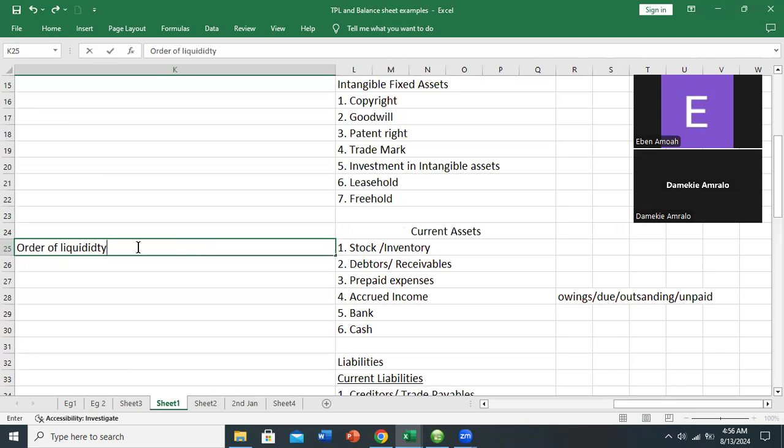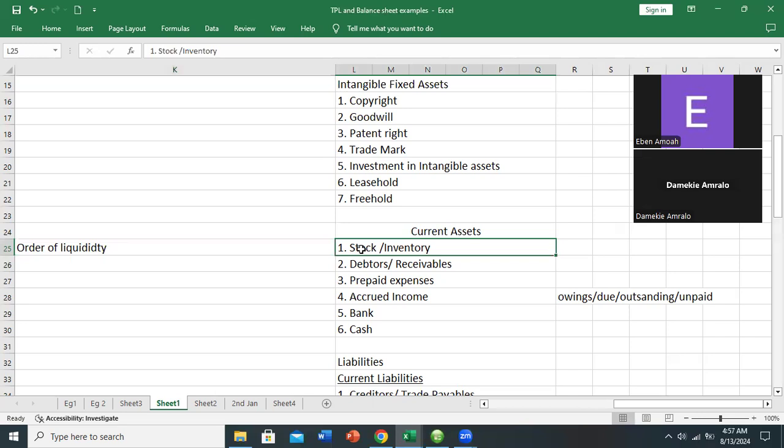Doing it in an ascending order, as in you start with the one which is difficult to convert into cash, then you move to the less difficult until you get to the final one which is easier. So if you look at the list here, on top of the list is stock, because stock is difficult to convert into cash. Why?